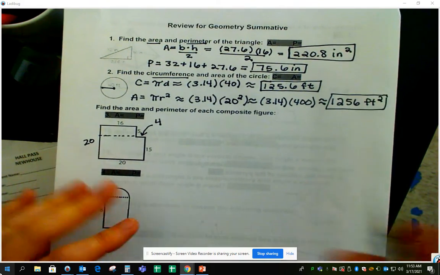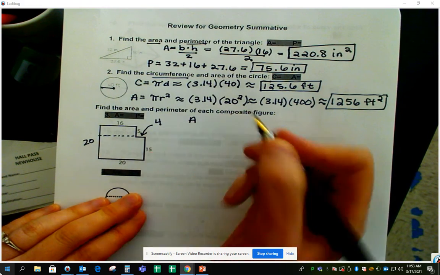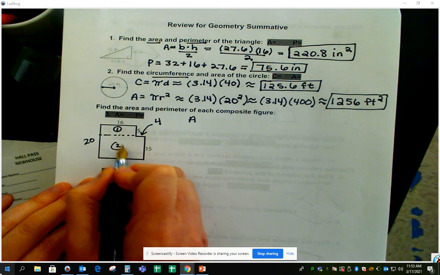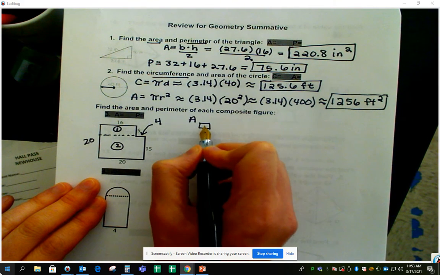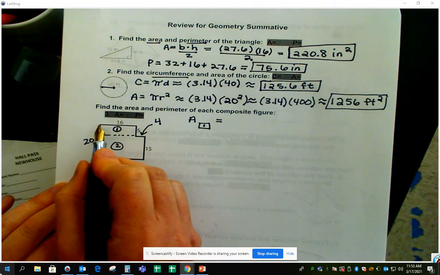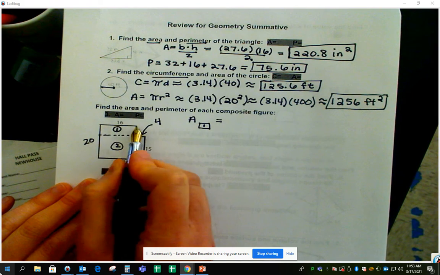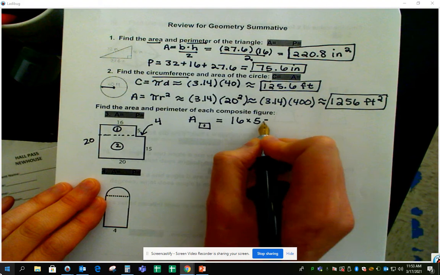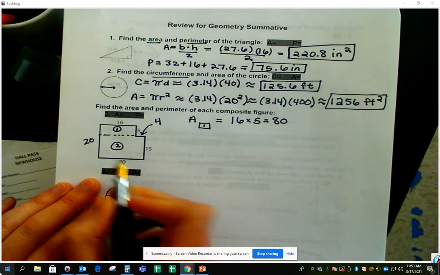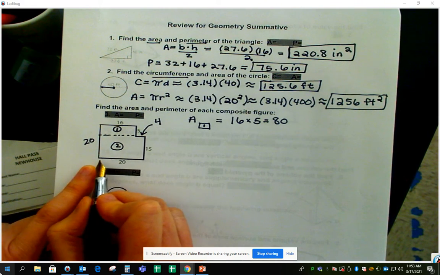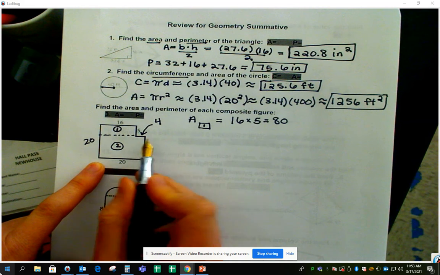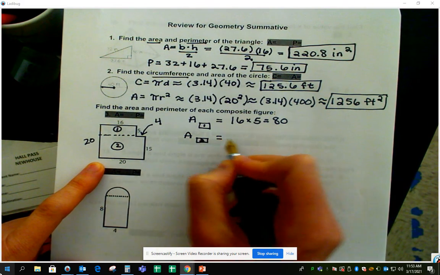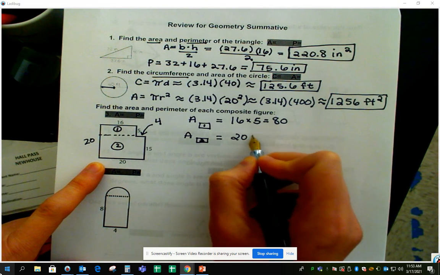All right, so for the area, I'm going to make this my first rectangle and this my second rectangle. So let's find the area of the first rectangle, and its length and width are 16 and 5. So this would just be 16 times 5, which is 80. And then for my second one, it's 20 by 15 for my second rectangle, excuse me. 20 times 15.